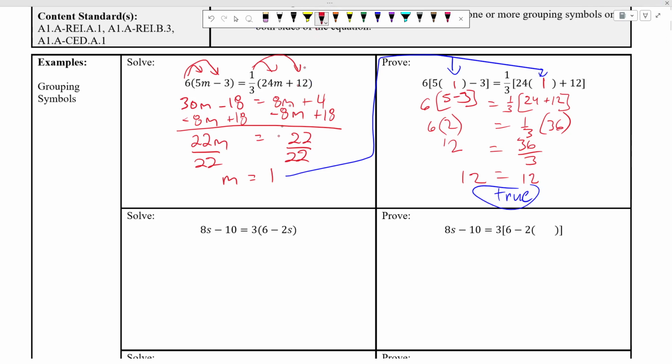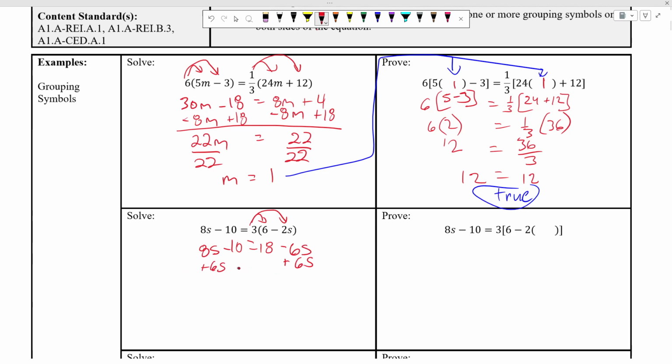Let's try some more. All right. Let's see. I see one opportunity for distributive property to be applied. Let's go ahead and do that. 18 minus, let's see, 3 times minus 2s happens to be minus 6s. Okay, and then I have 8s minus 10. Now I'm going to collect everything off to the left, as I typically do. Again, these are s's, not 5s.